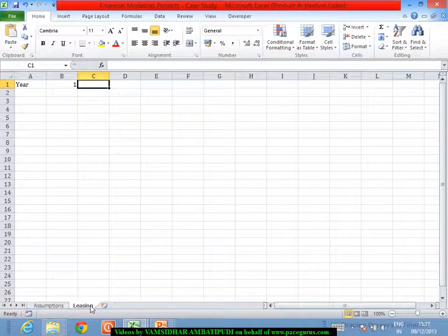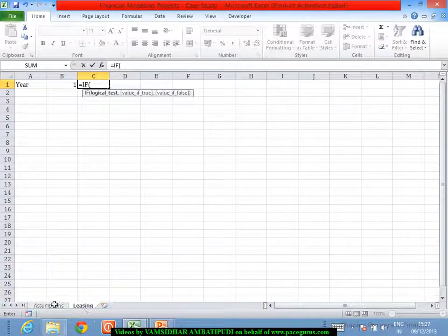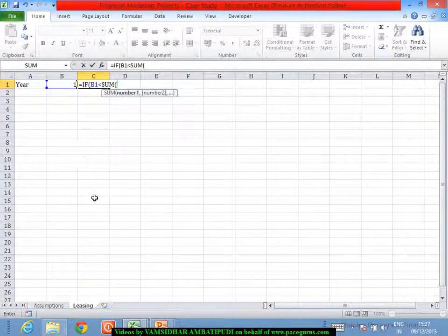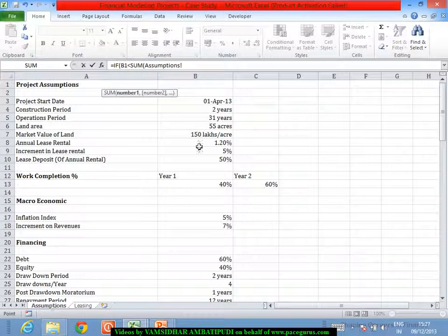Initially, I will start with a 1. From the next year onwards, I will check if the year in the previous cell is less than the sum of these two, the construction as well as operations.